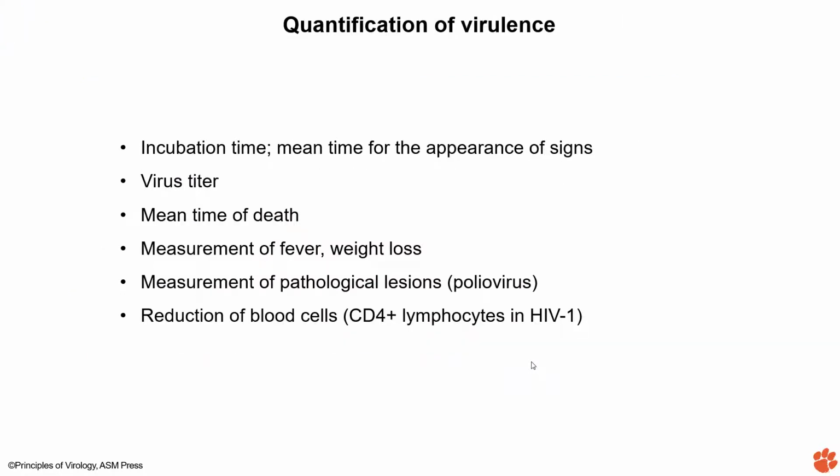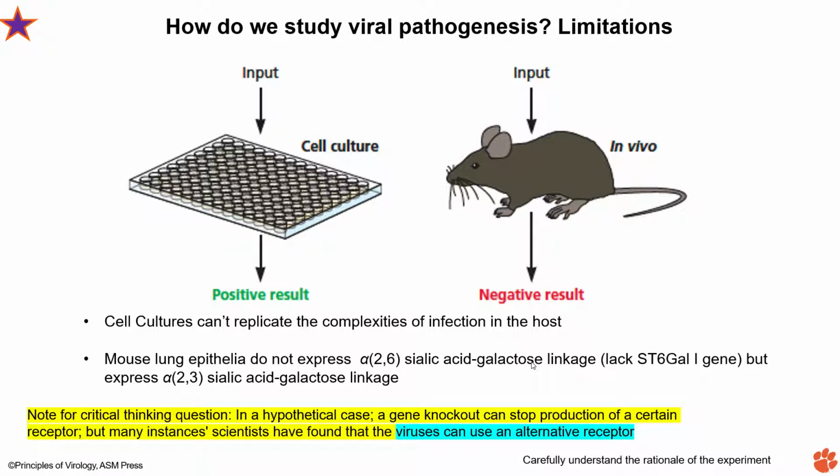All right. If you remember, we asked a question a little different from what is being asked here. Basically, the principle of the experiment was asked in a similar quiz question. In a hypothetical case, a gene knockout can stop production of a certain receptor, but in many instances, scientists have found the viruses can use an alternative receptor.